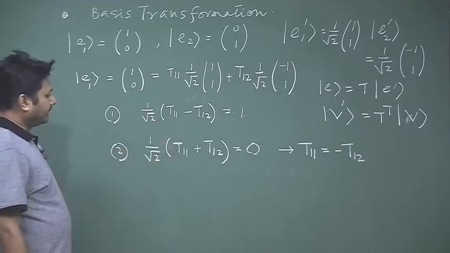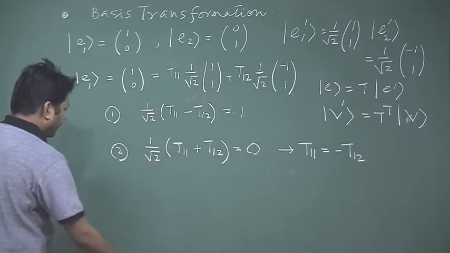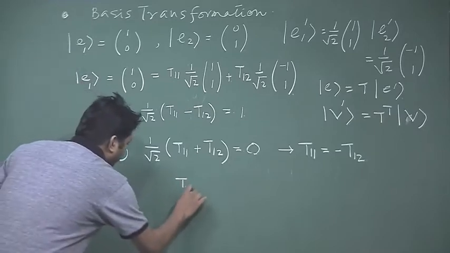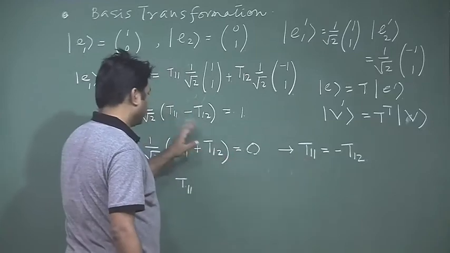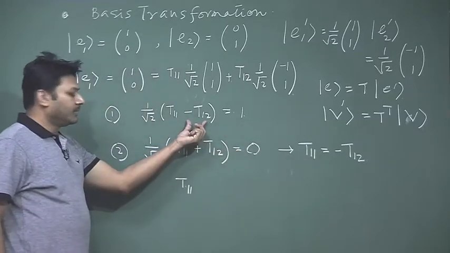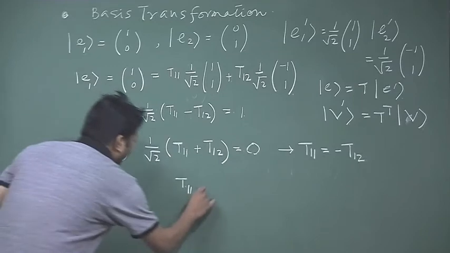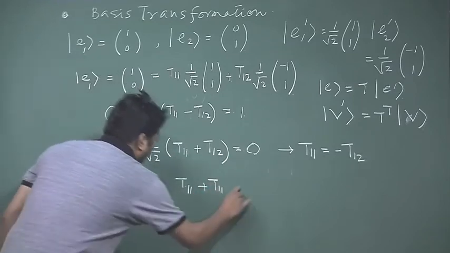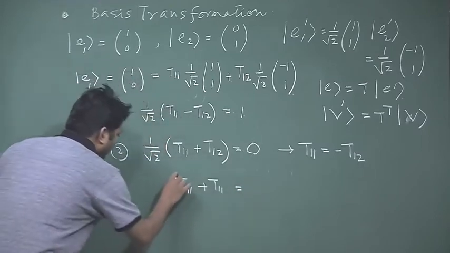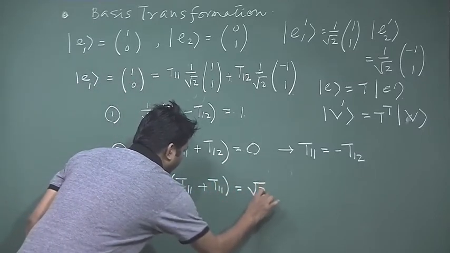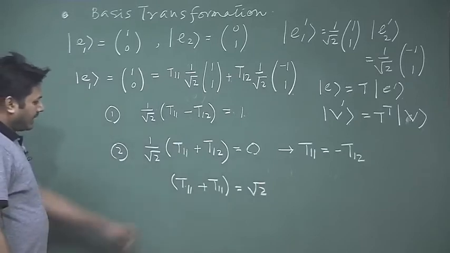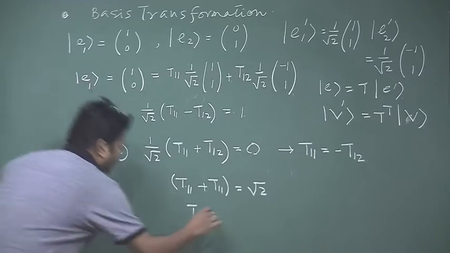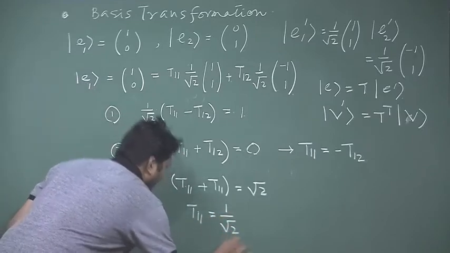If I put it here, then T11, I put this information here, so minus T12 will be replaced by T11, plus T11 will be root over of 2, and this gives me T11 is equal to 1 by root over of 2.